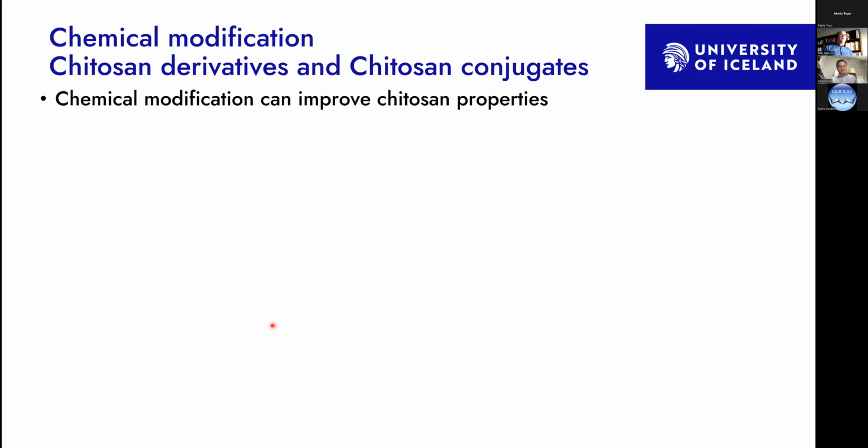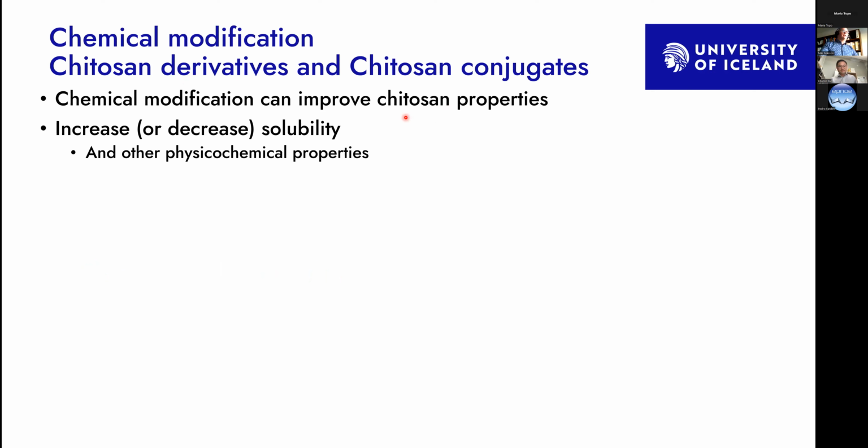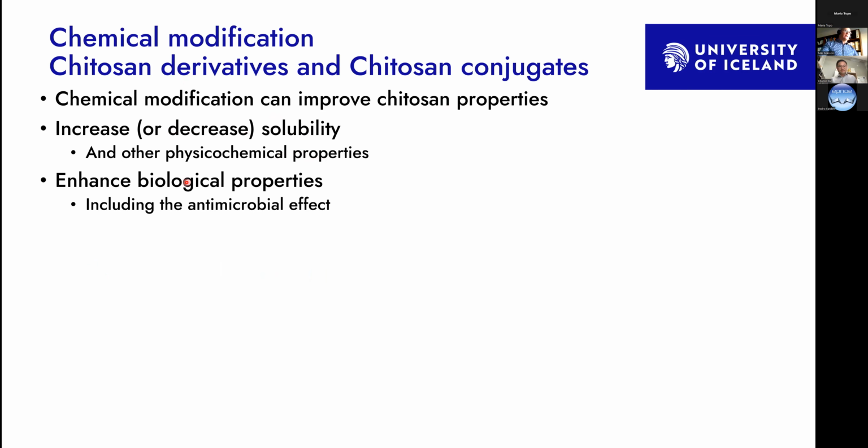So then I'm going to talk about chitosan derivatives and why we are doing this. This is chemical modification. We do this for obtaining chitosan derivatives and chitosan conjugates. And we can use this to improve chitosan properties, like increase or decrease the solubility and other physicochemical properties. We can use this to enhance biological properties, some activity, or reduce toxicity, like the antimicrobial effect, and that's what I'm going to talk about.